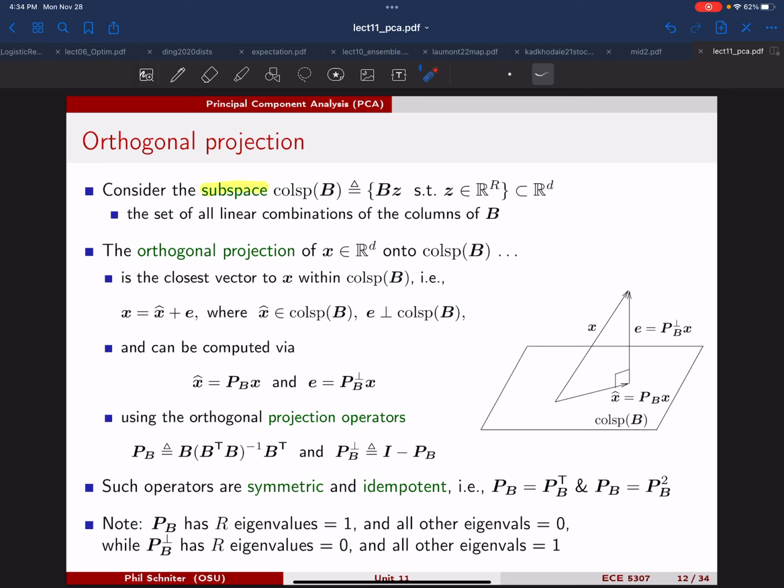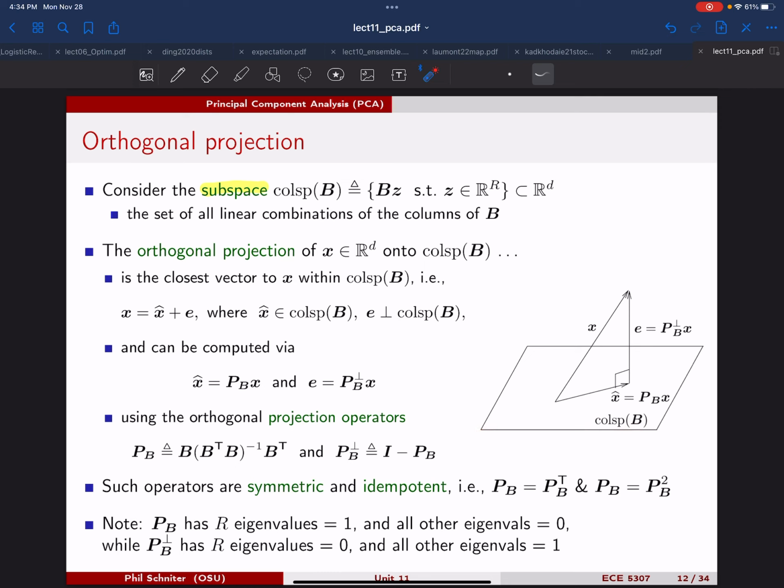So this is basically saying the column space of B is just the set of all linear combinations of the columns of B. So B would be defined by any 2 vectors that are sitting in this plane and that are linearly independent. From those, you can construct, with a linear combination of them, any other vector in this plane. Okay, so this is the column space of B. That's what the plane is.